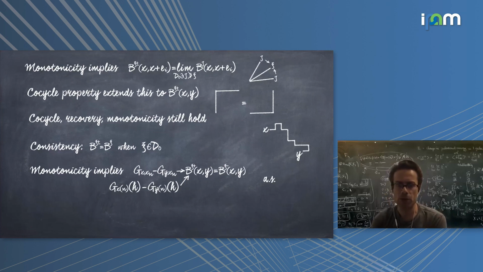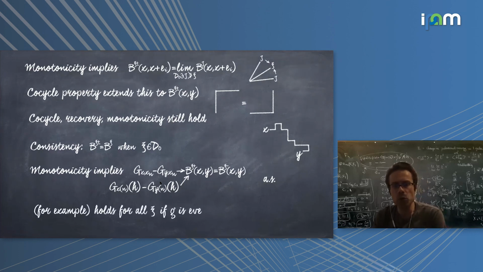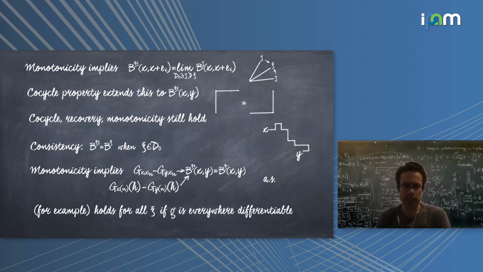They're actually the same object, and the point-to-line and point-to-point Busemanns converge to that object almost surely. So that's the theorem that we wanted to prove, that I mentioned before, that was proved before using the geodesics technique, but now there are no geodesics in the picture here. For example, if you assume that the shape is everywhere differentiable, then every direction is nice, and this limit holds for every direction.